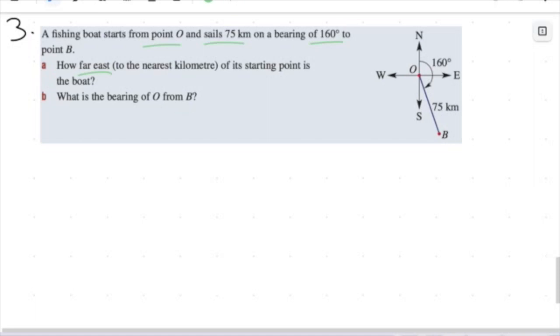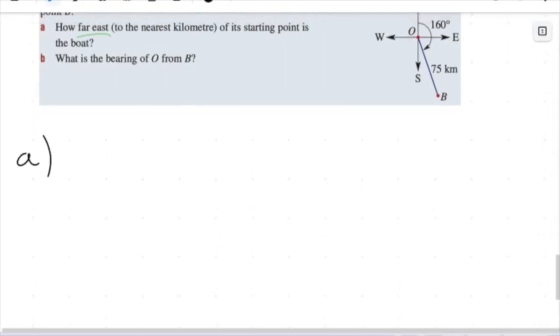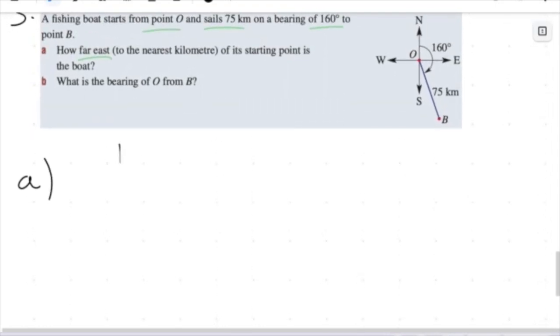Now, quite wordy, there's a lot to do here, but if we draw this up, let me just do this here.